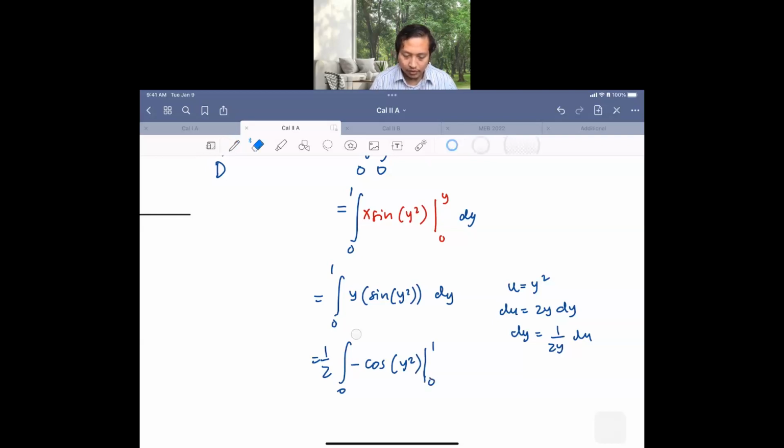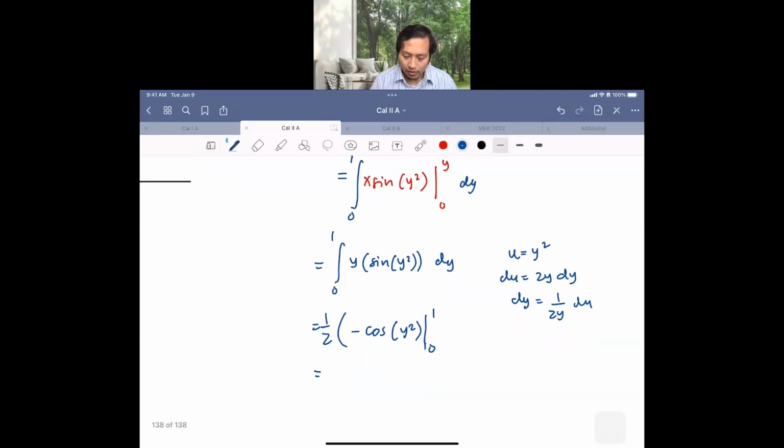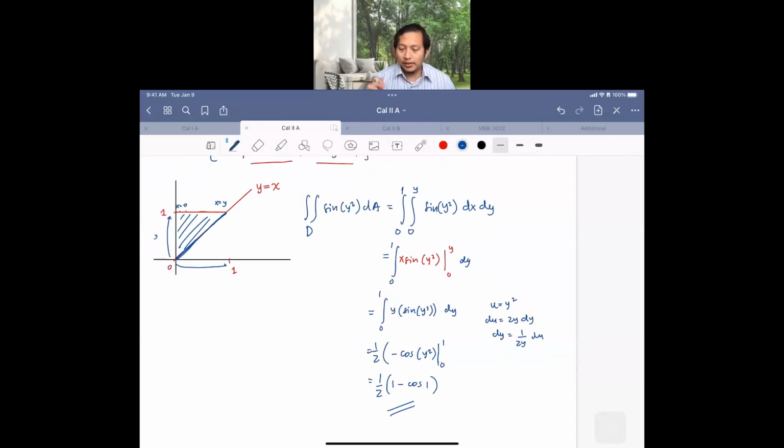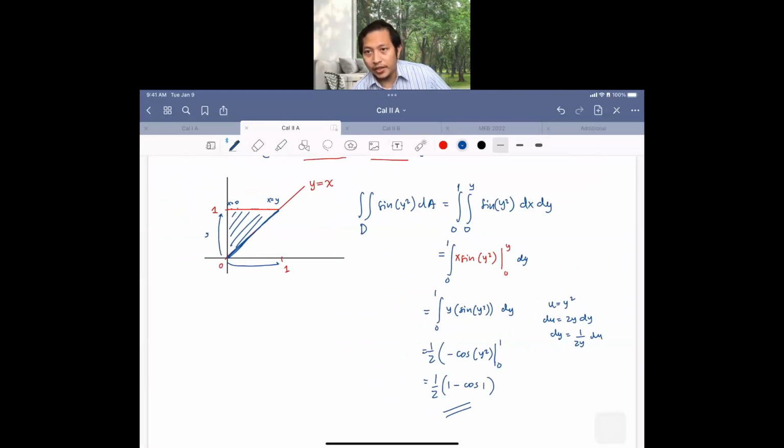So we will have half of negative cos 1, so 1 minus cos 1, since it is positive. Okay, so that's how we change the order of the integrations.